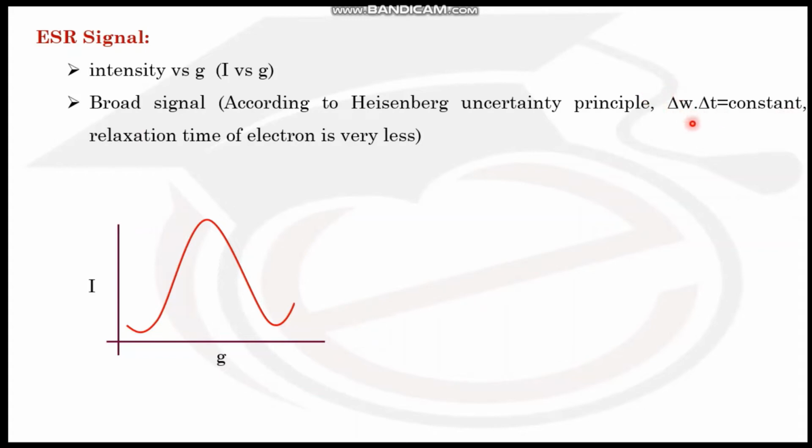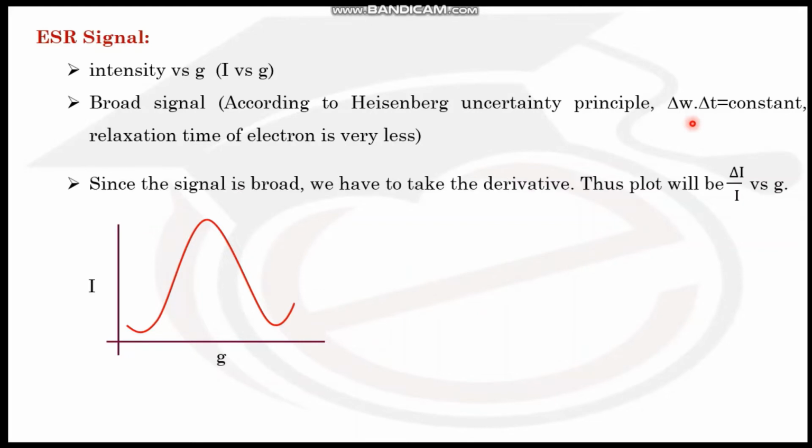That means width and relaxation time are inversely proportional. For an electron, the relaxation time is very less. So as it is inversely proportional, when the relaxation time is less, then the width will be more, means broad. That's why we are getting a broad signal, as the relaxation time of electron is very less.